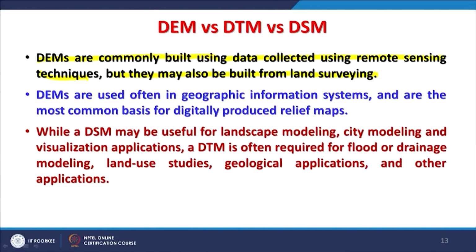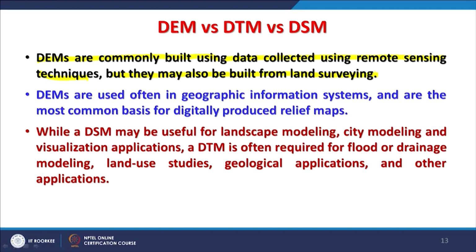While this digital surface model or DSM may be useful for landscape modeling, city modeling, and visualization applications, because in many applications they want not only the height but a recording of all surface features, whereas a DTM or DEM is without surface features.